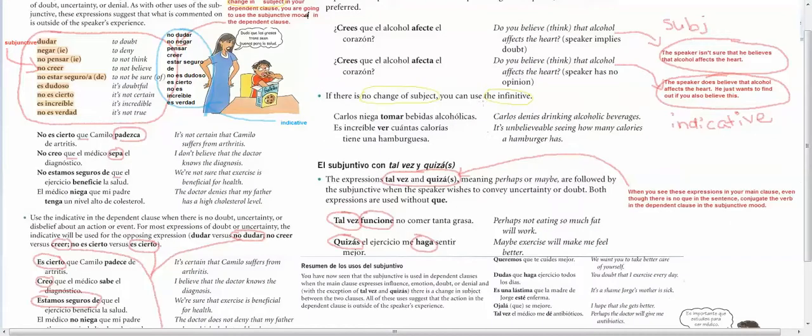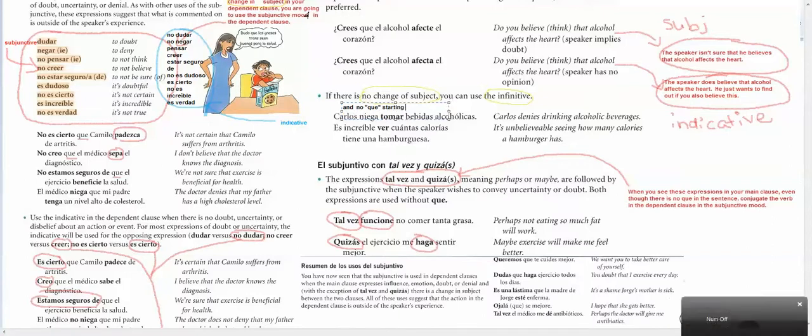Okay, if there's no change in subject, you can use the infinitive. So if the subject doesn't change from the main clause to the dependent clause, and there's no que starting off the dependent clause, you would use the infinitive.